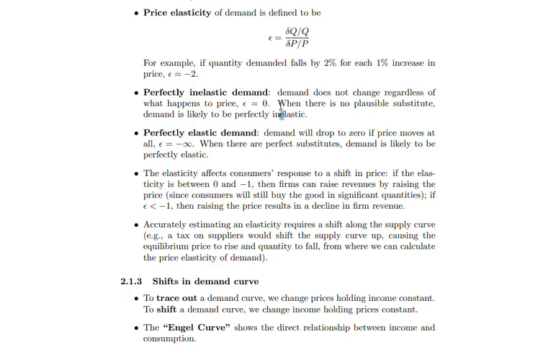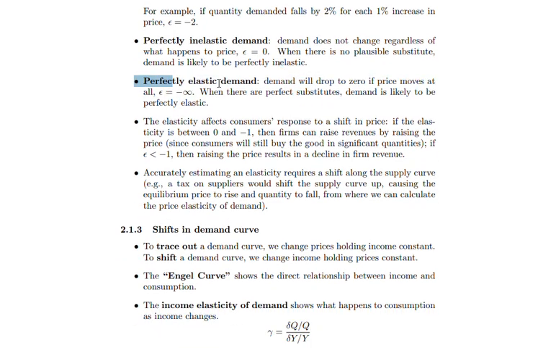When there is no plausible substitute, demand is likely to be perfectly inelastic, like insulin. Diabetics can't use anything else to substitute for insulin. So the insulin market has very nearly perfectly inelastic demand, if there isn't some government intervention.